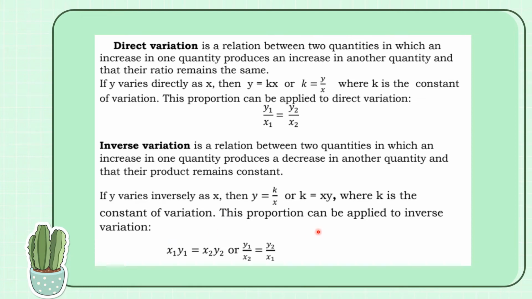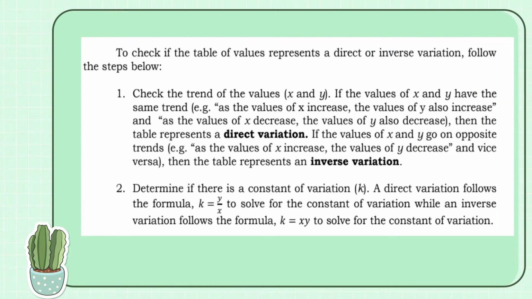This proportion can be applied to inverse variation. You are multiplying the two variables: x sub 1 times y sub 1 is equal to x sub 2 times y sub 2, or x sub 1 divided by x sub 2 is equal to y sub 2 divided by y sub 1.